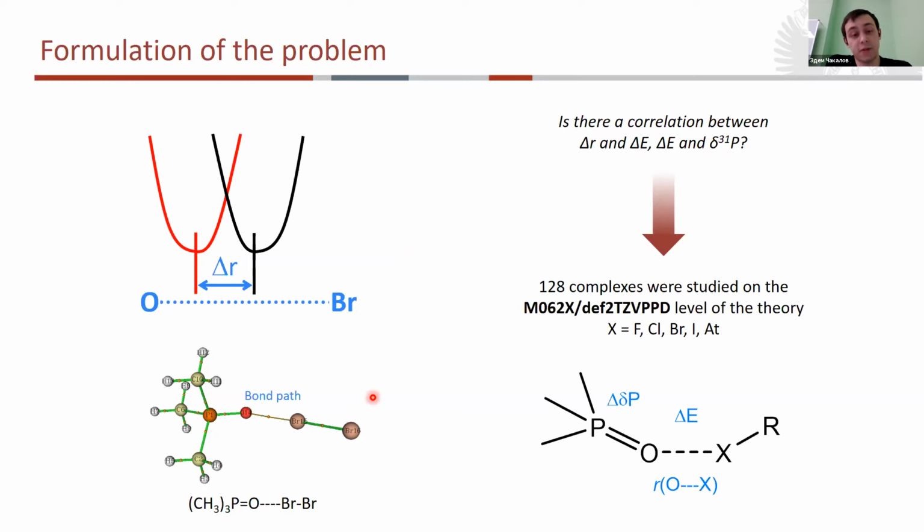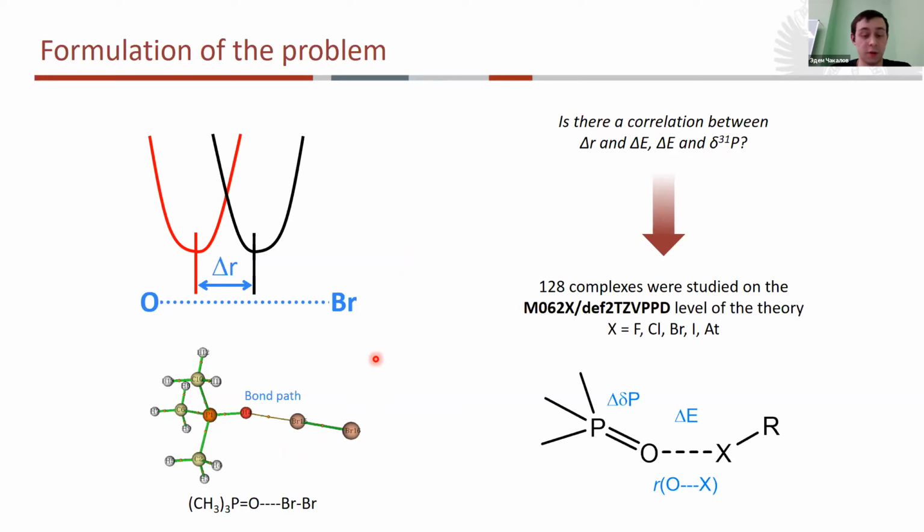In Bader's quantum theory of atoms in molecules, the presence of a halogen bond can be detected by the bond path, which follows the ridge of maximum electron density between the halogen and the electron donating atom. Along the bond path, both the electron density and electrostatic potential go through minima.